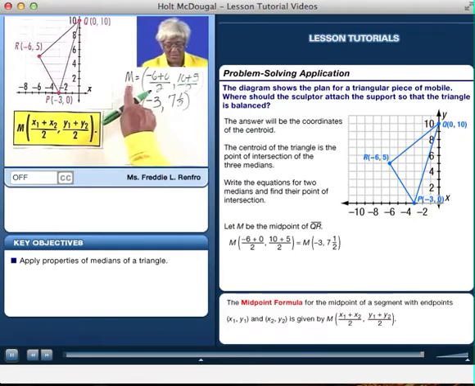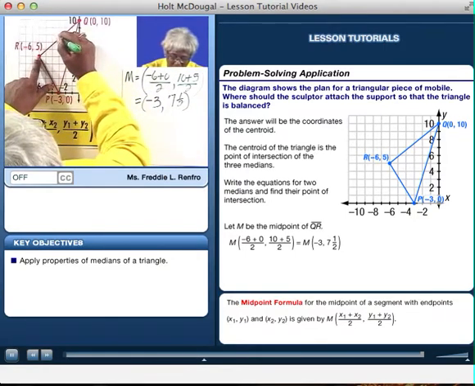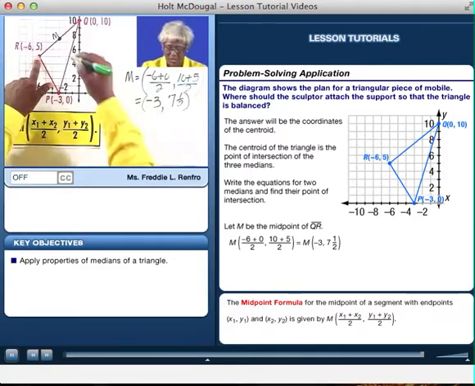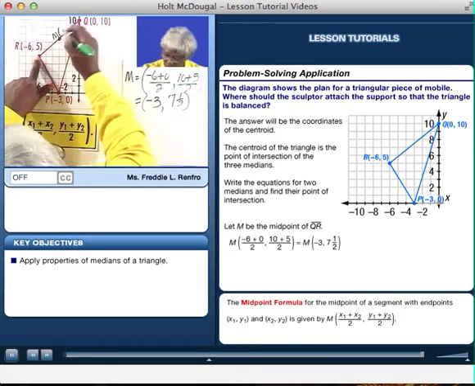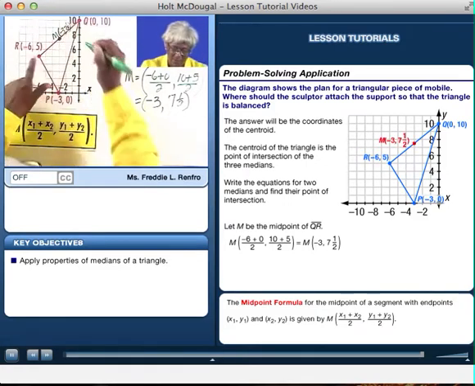Okay, so that's the midpoint of this segment. I'm going to go ahead and write the coordinates down: -3, 7.5.